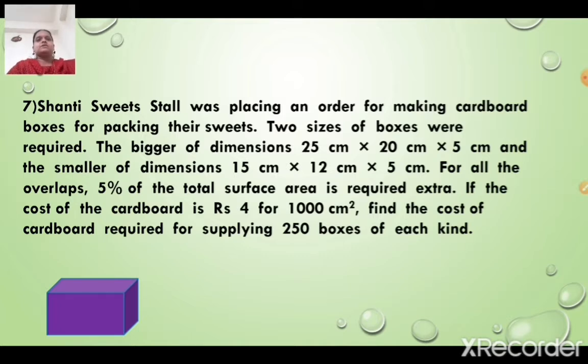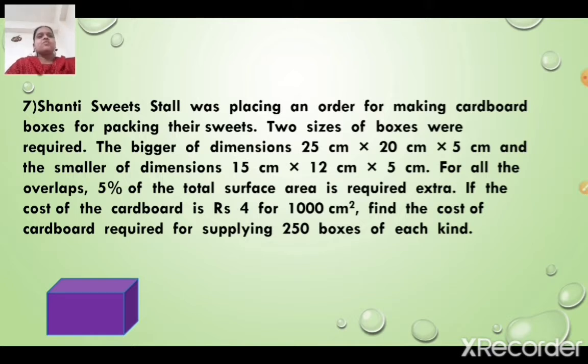Then when you make the box, you require extra area for overlapping, that is 5%. That means we add this extra area to the total surface area, so that you get the whole, actual total surface area.